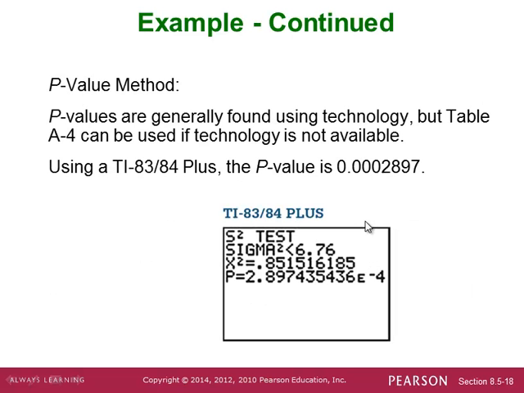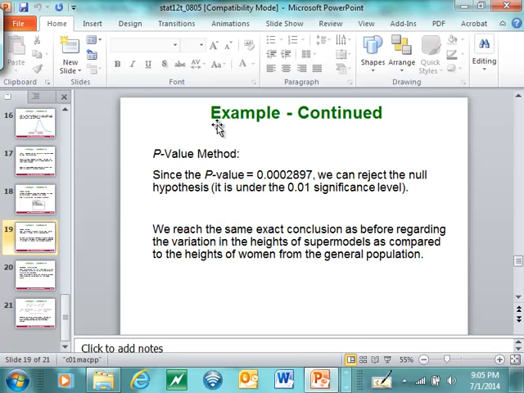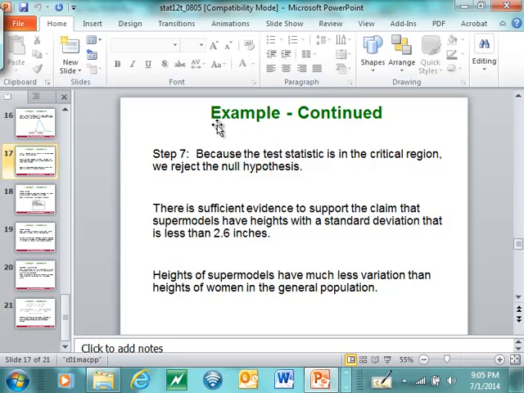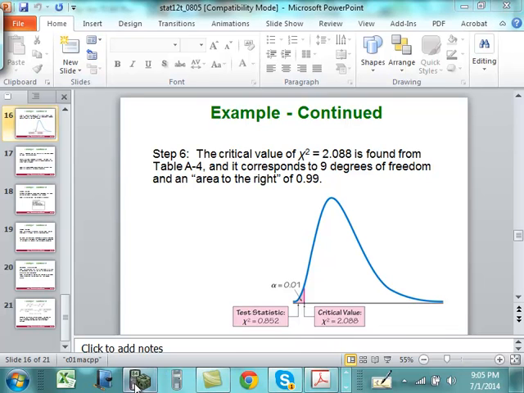Now, what if you wanted to use your calculator? If you go into your statistics menu of your TI-84, you'll see an option to do a sigma test, okay? But what I'm going to show you on the graphing calculator is how to calculate this p-value here. So I need to know our test statistic value, 0.852. I'm going to pull out my graphing calculator here.